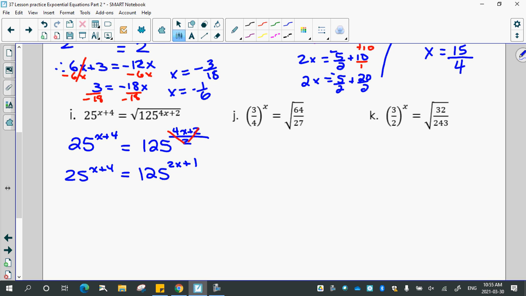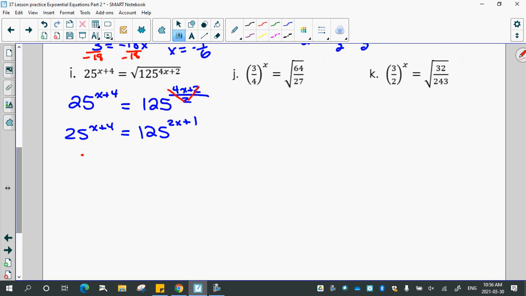Then I would want to check, can I write 125 as 25 to the something? No, so I need a common smaller base of 5. Okay? So 25 can be written as 5 squared. And 125 can be written as 5 to the power of 3. Do my power to an exponent rule.